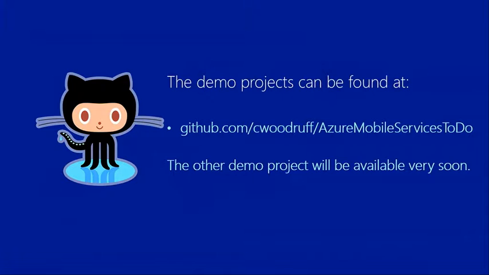The to-do sample application that I demoed in the beginning, the sample app that everyone gets if they create their first web service and go through the to-do tutorial, is out on my GitHub account. If you go to github.com/cwoodruff/AzureMobileServicesToDo, you can clone and pull that code from my repository.